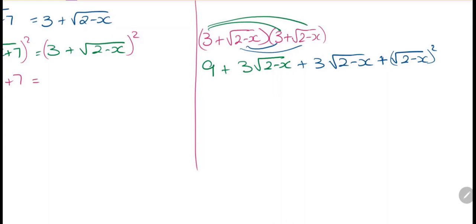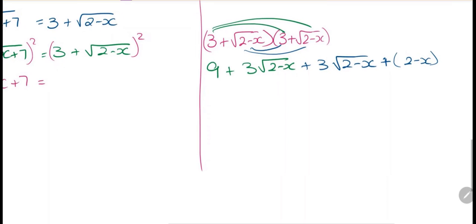When you have one of these that we're going to square, they will eliminate. So we'll just end up with 2 minus x. I'm just going to simplify this and then we can use it. So we've got 9, and 3 and 3, so that's plus 6√(2 − x), plus 2 minus x.